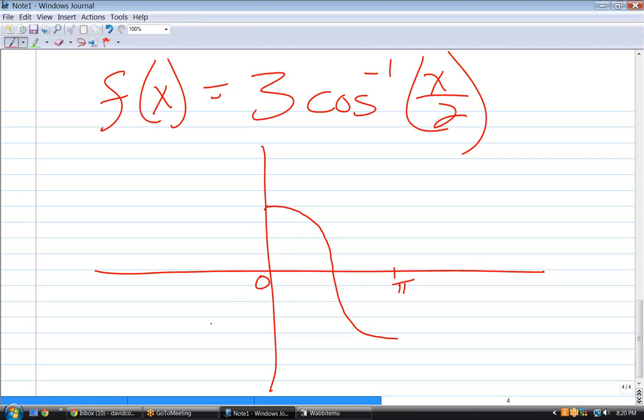So what does the inverse cosine function look like? Well, let's reflect this over that line. And let's see, this is always tough for me to do. For some reason, I have a hard time reflecting these things. What does that look like? Let's see.